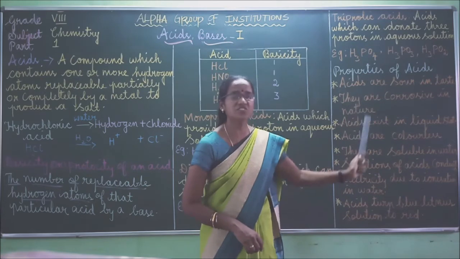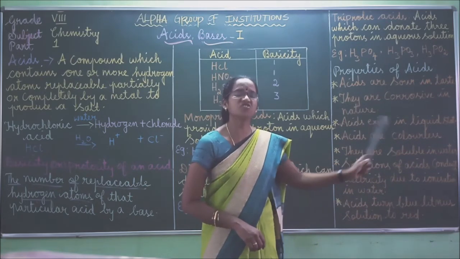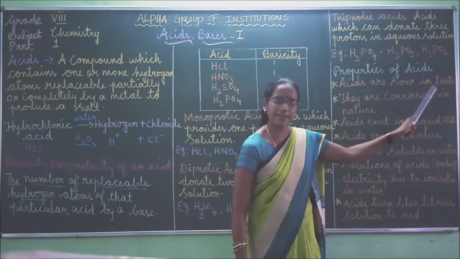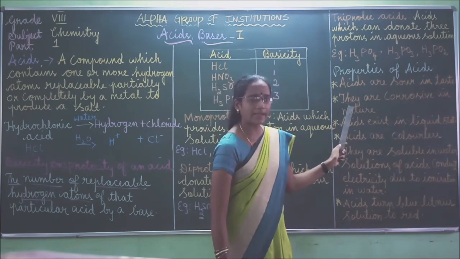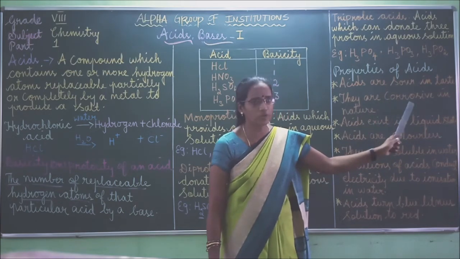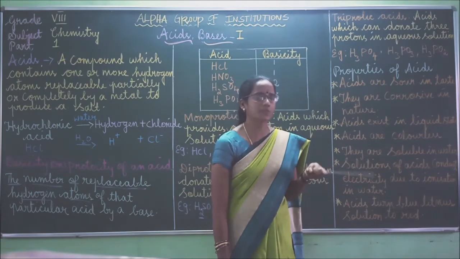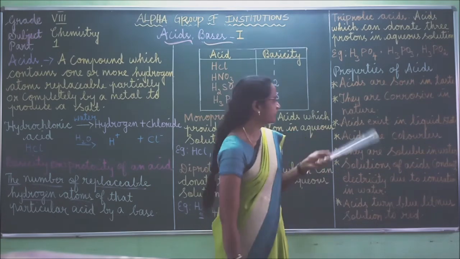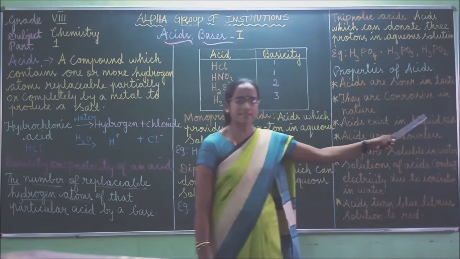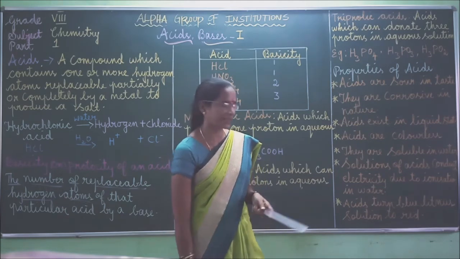So, what are the general properties of acids? Acids change color when indicators are used. Acids are sour in taste. Acids are corrosive in nature. Corrosive means harmful in nature. It can damage clothes, paper, even human skin. Acids exist in liquid state, but few acids exist in solid state, for example benzoic acid.